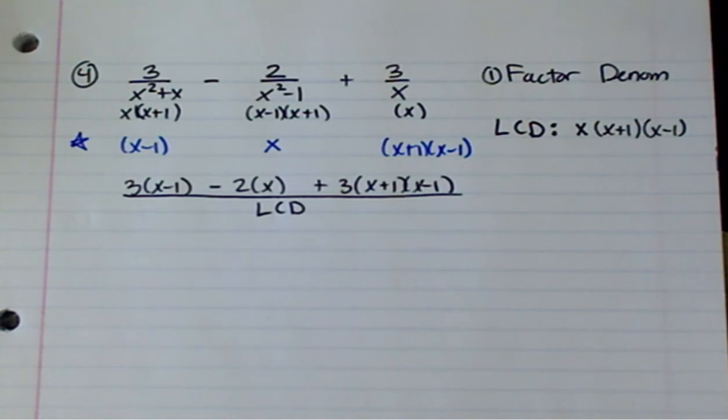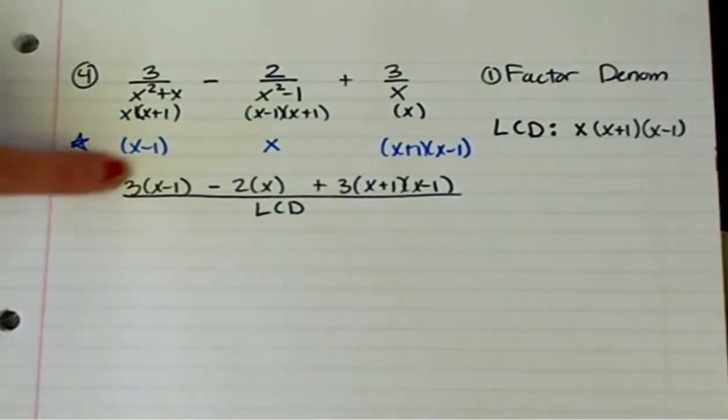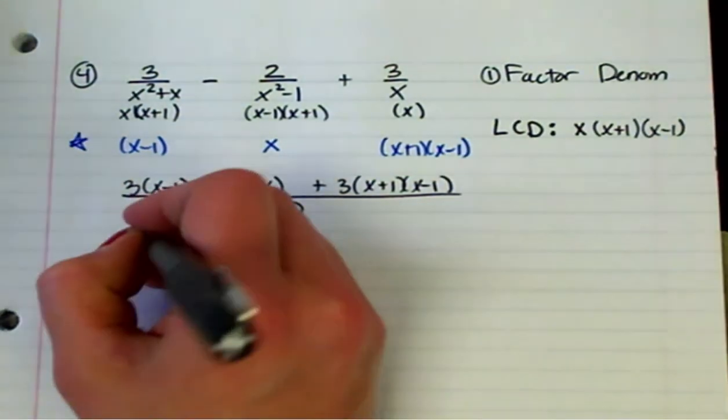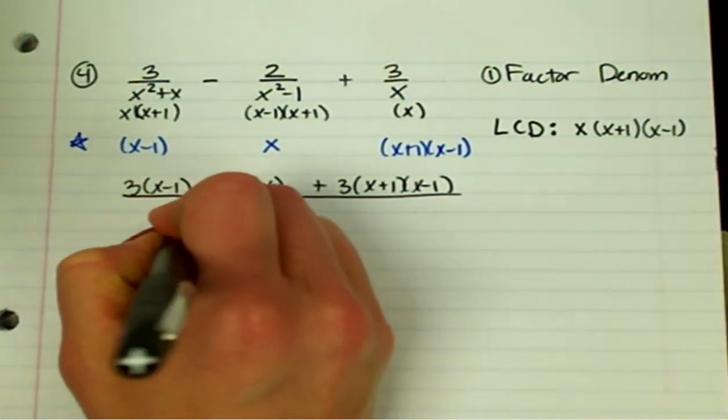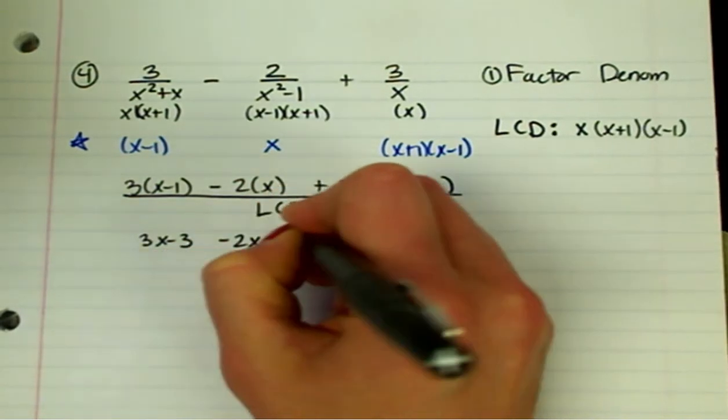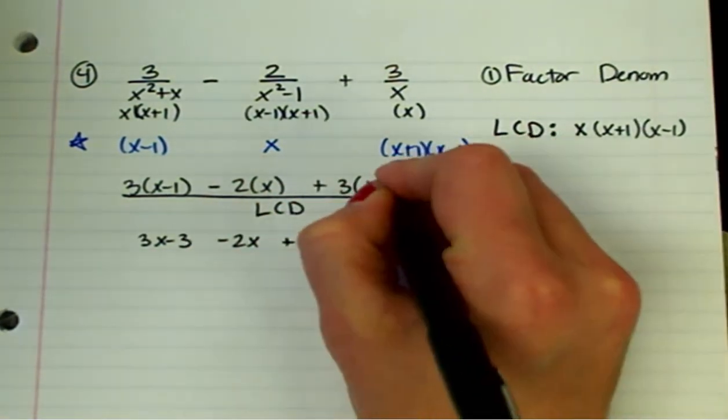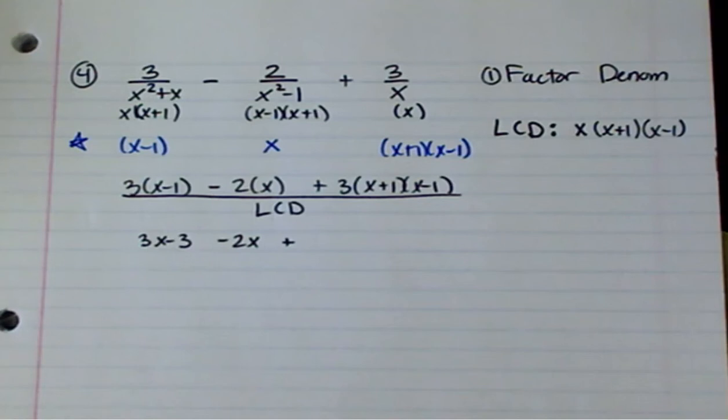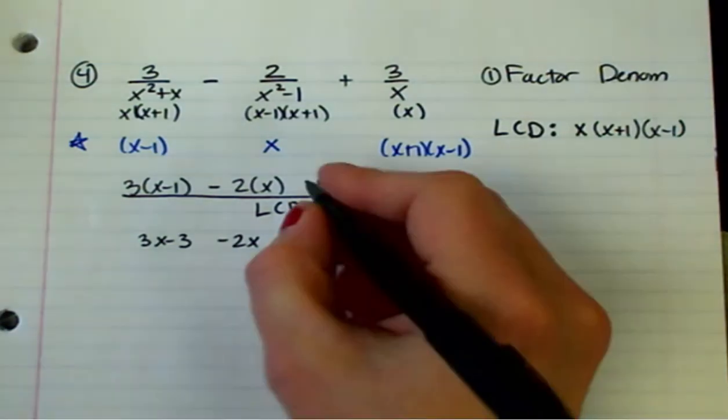Okay, let's put our numerator together. Notice there's a lot of adding, subtracting, and common terms we have to deal with. You put both x plus 1 and x minus 1 on the x, because look, it's missing both. If you compare to both, you're swapping over the ones that are missing from both of the other fractions.